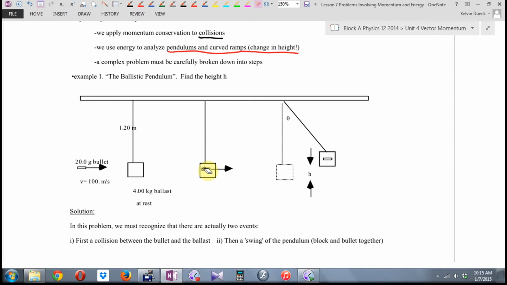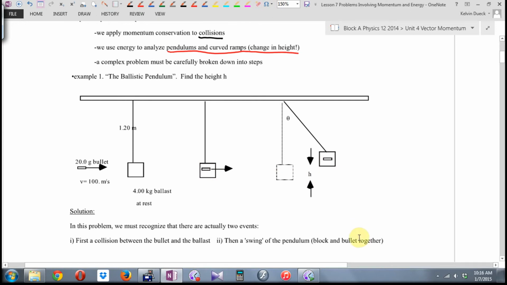That part is conservation of energy. But when the bullet hits, there's going to be a collision. And what this question asks is, find the height h, find how high the pendulum is going to swing up. Can you see, Marissa, we do have a collision and a change in height, curvy path.